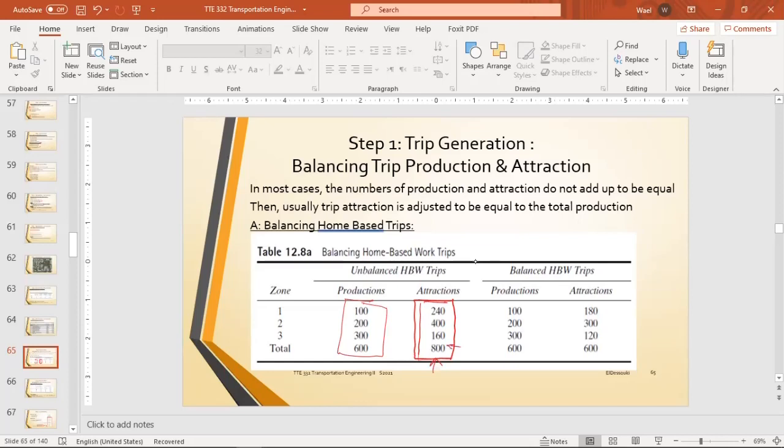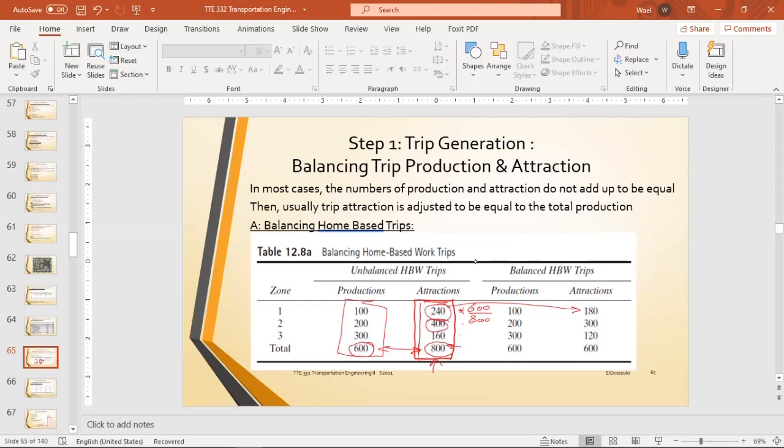That means, for example, here in this zone we have 800 attractions and 600 productions. That means the attractions are more than the productions. In this case, for our purpose of analysis, we need to have both values equal. So we multiply these numbers by 600 over 800, for all of these values. So we end up with a prorated value here.